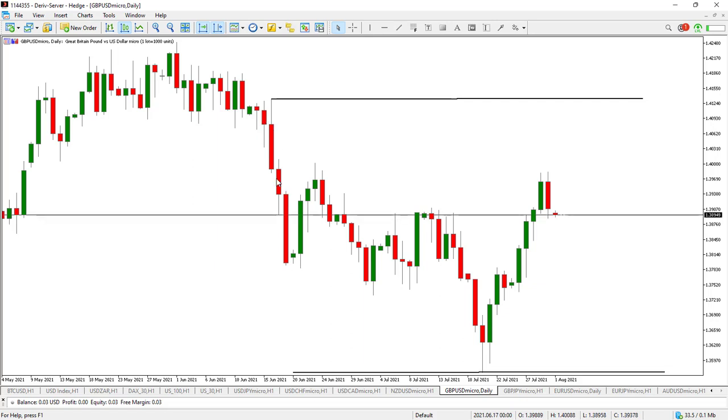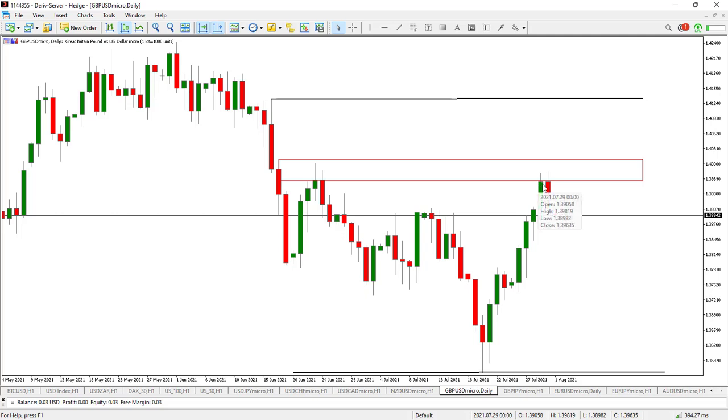That candle has been tested not once but twice around this zone, and this is the third candle, and the market has tested this last third candle, meaning they are not breaking it.